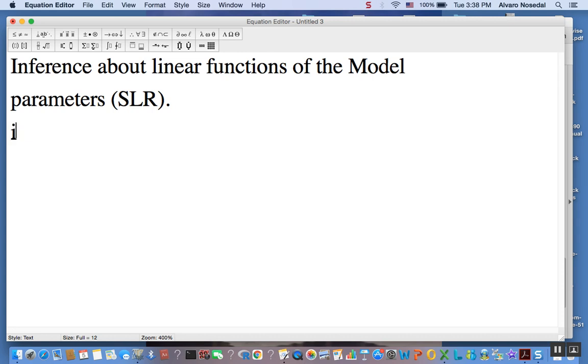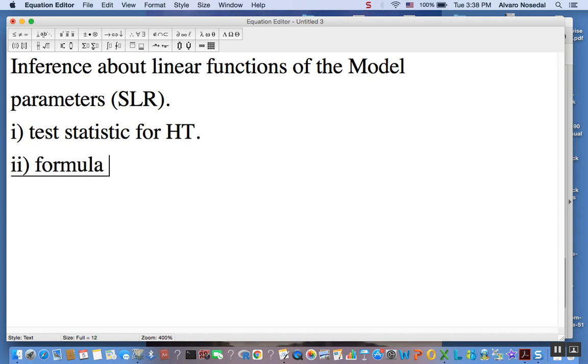One, we would like to find a test statistic to carry out hypothesis tests. And we would like to find a formula, an expression, to compute confidence intervals.